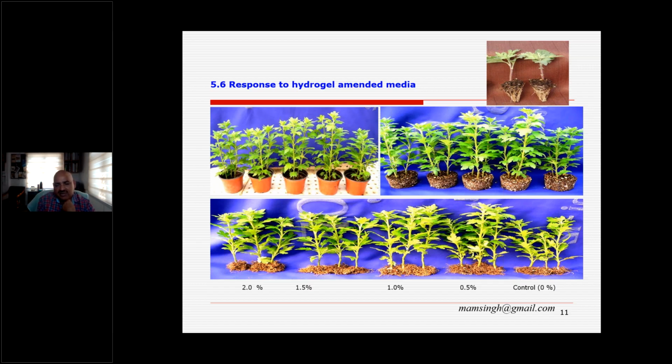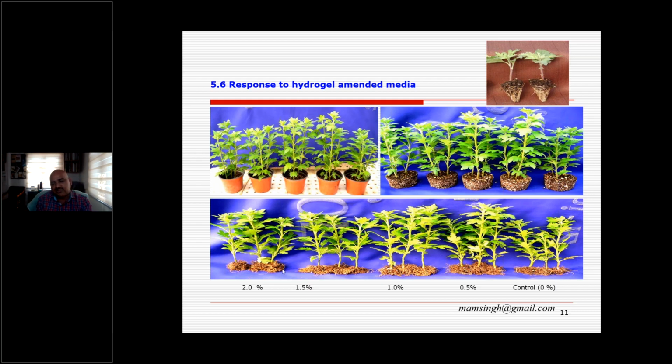We have done our own experiments even using hydrogel, but the concentration of hydrogel is very important. We saw a case where the concentration of hydrogel was maximum or more than required. You can see the root volume is very high, but the growth is not that high.